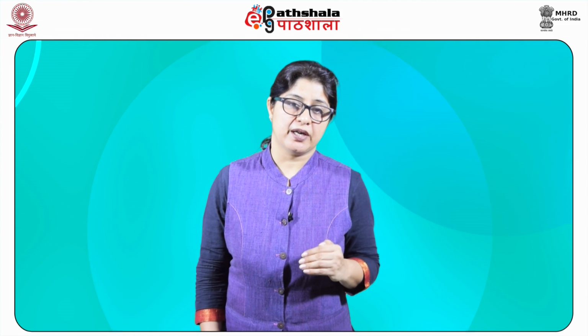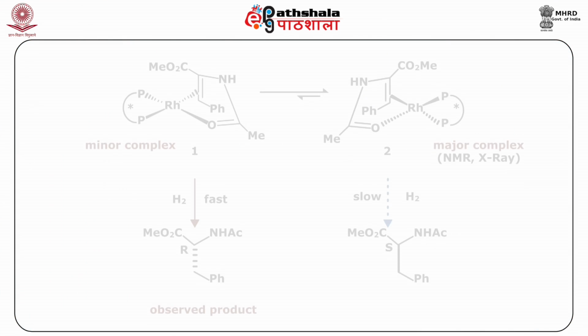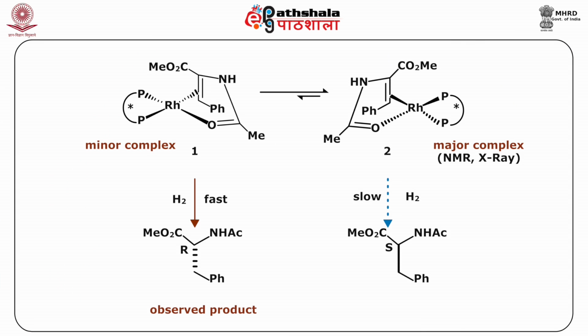Asymmetric hydrogenation of prochiral olefins catalyzed by rhodium. The asymmetric hydrogenation of the prochiral olefins is a crucial catalytic process. This process involves the use of chiral ligand where two diastereomeric complexes can be formed. This is clearly depicted here in the figure.